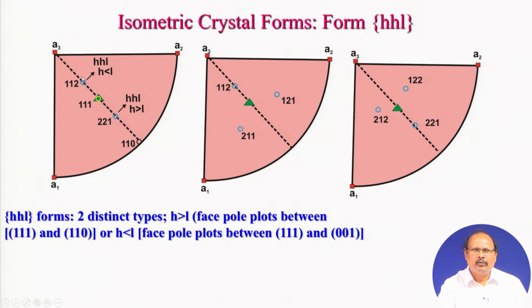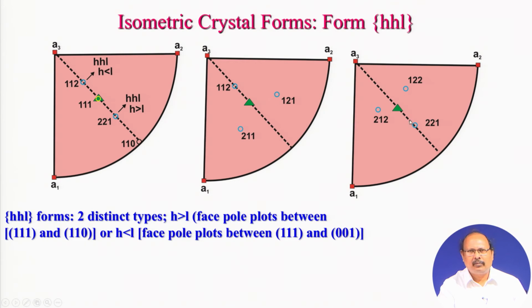So, what you can do here, you can start with one situation, that is H less than L, that means you start with 1 1 2, and since this does not coincide with the position of the triad axis, the triad will act upon it and produce 2 motifs, one here and the other here through 120 degree rotation, and we will call them 2 1 1 and 1 2 1.